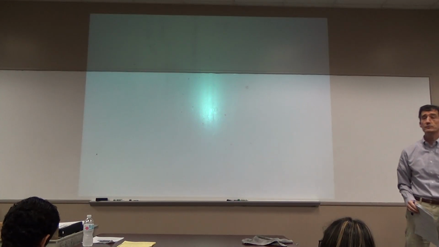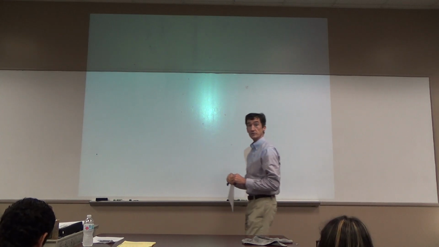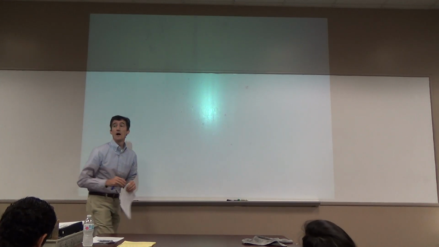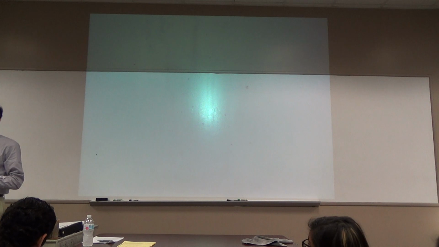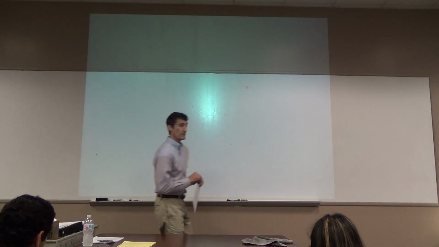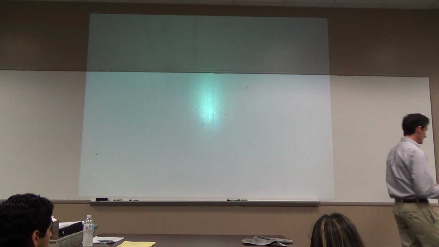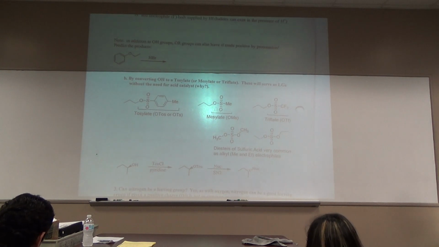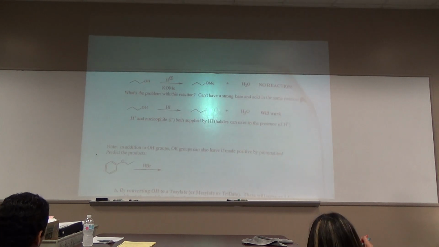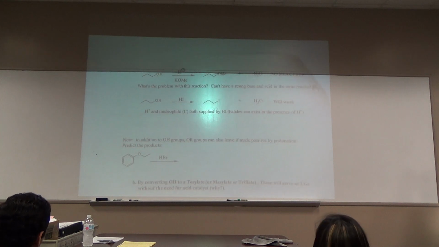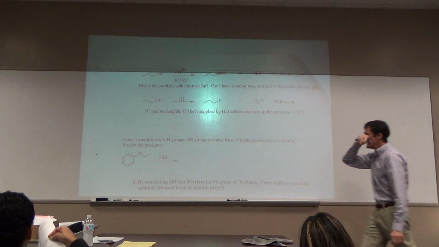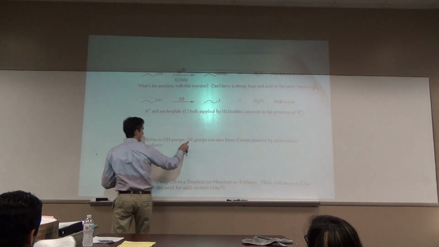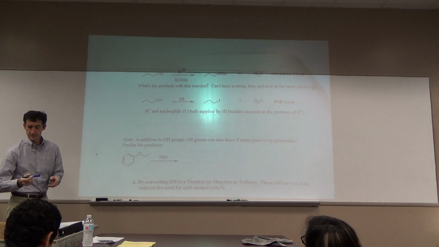Oxygen is not a good leaving group for either one of these mechanisms, SN1 or SN2. Typically, you need to make a positive oxygen. You do that by protonating it with strong acid. Then it will become a leaving group for either mechanism. Not only OH can be a leaving group, any oxygen can. We can also just have OR groups, like O-methyl, O-butyl, or whatnot.